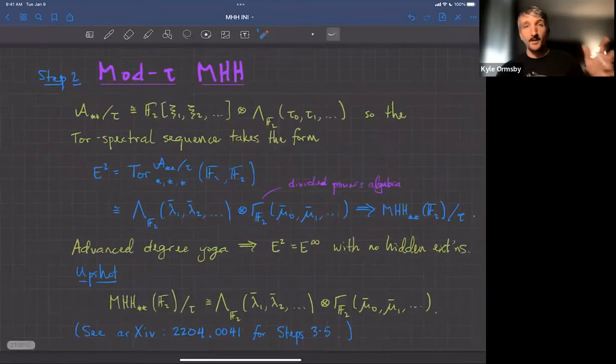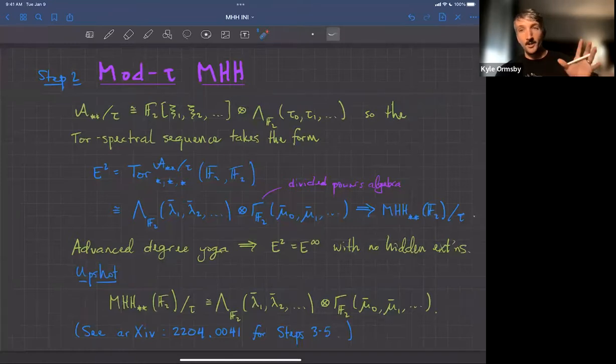Let's now go to the mod tau story. So here we're going to talk about quotienting by tau. If you remember the relations in the dual motivic Steenrod algebra, they said that tau_i squared was equal to tau times xi_{i+1}. Well, if tau is now 0, that tells us that the tau_i's are all exterior. And so this is the ring over which we'll be computing Tor.